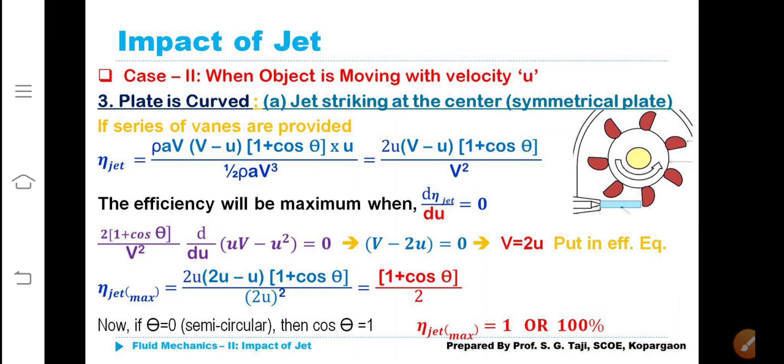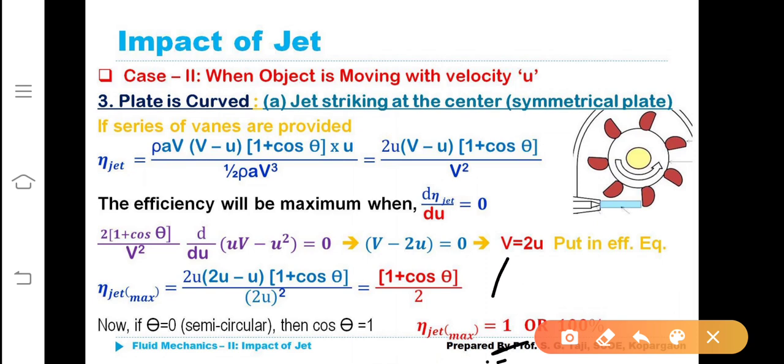We have found out when a moving symmetrical curved plate is mounted on the periphery of the wheel, we get the maximum efficiency equal to 1, that is 100%. I had told this to you.